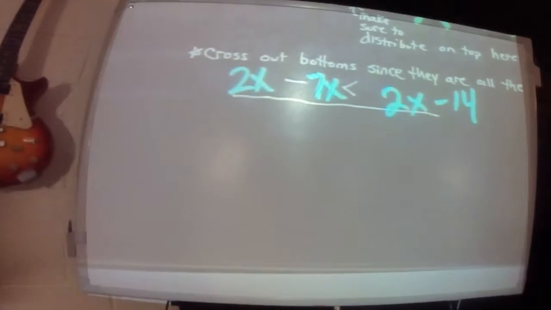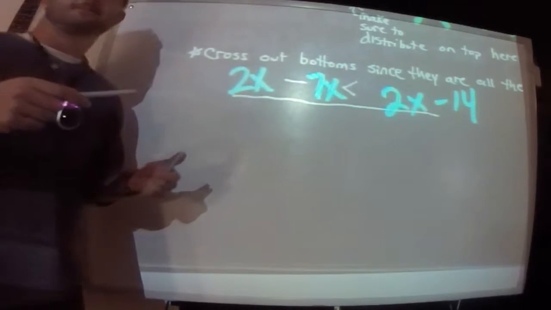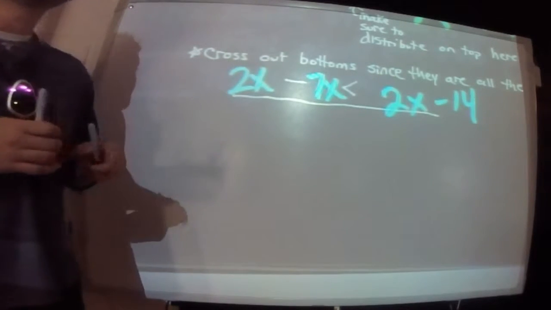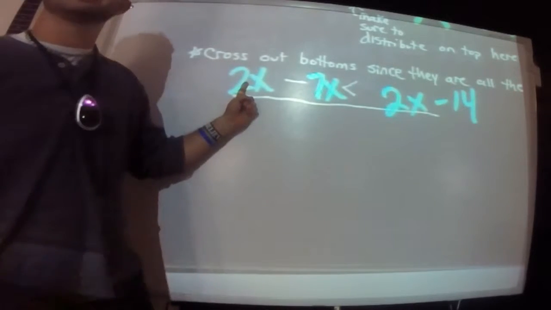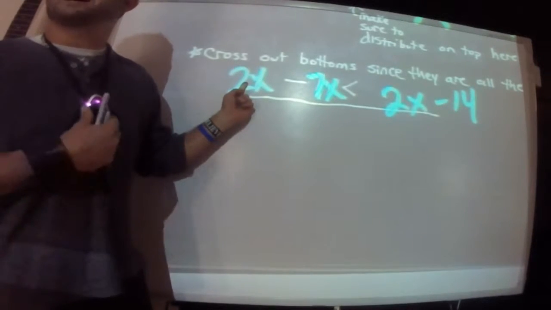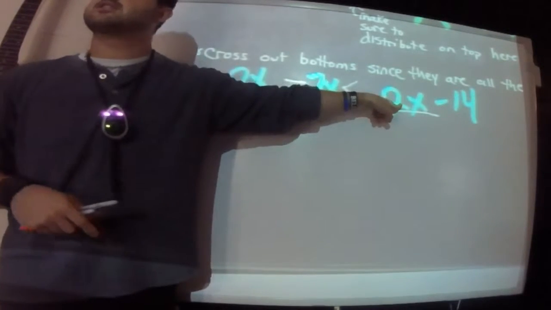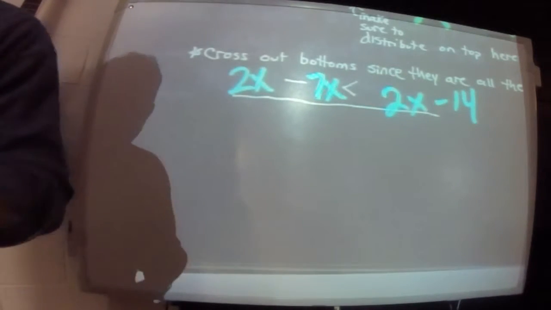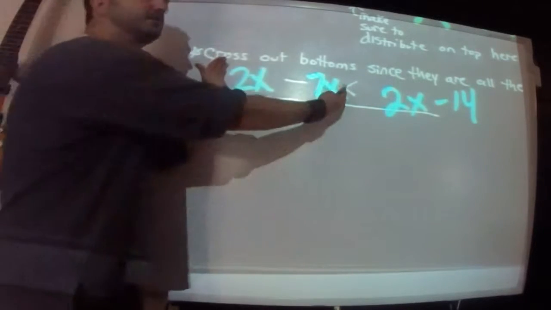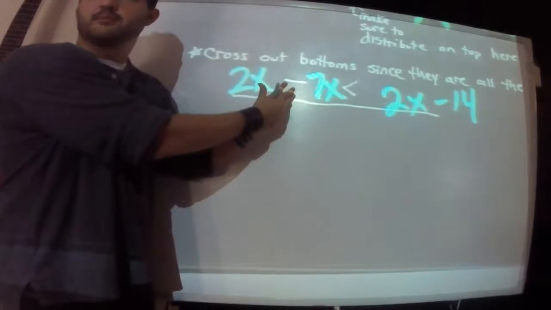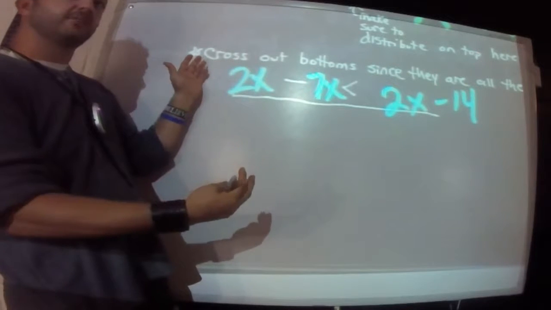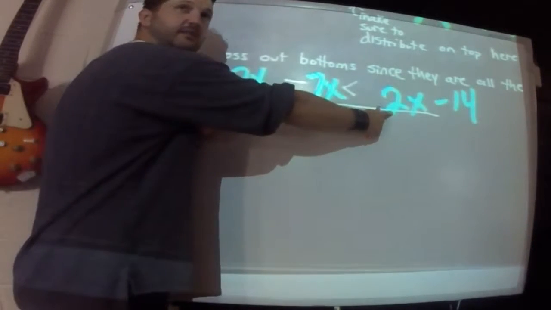I want to discuss a little trick with you right now. When you are looking at an equation or an inequality, and you see that there is the exact same piece on both sides, you see this positive 2x and that positive 2x, then we can basically cross those pieces out. You could combine like terms if you wanted to, but before even thinking about combining like terms, I would eliminate these terms.